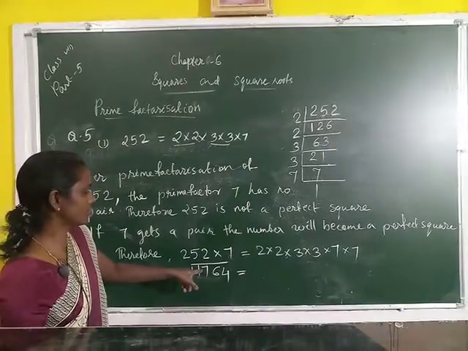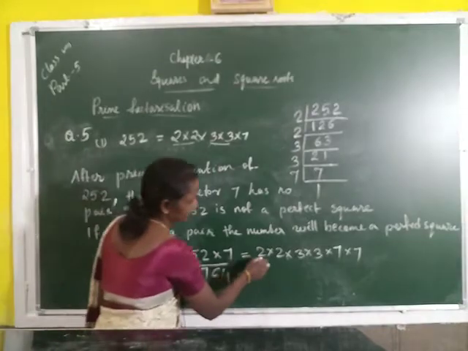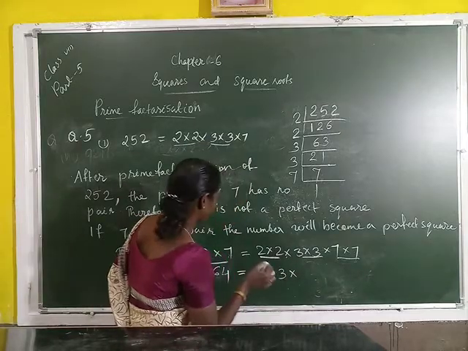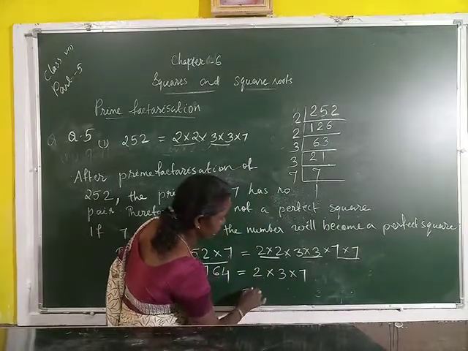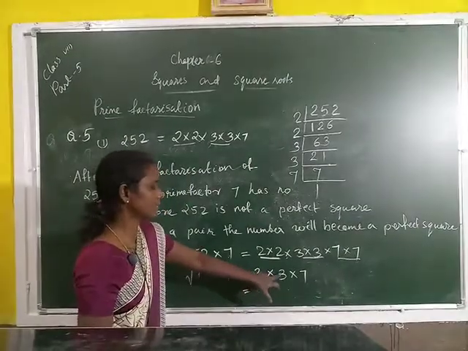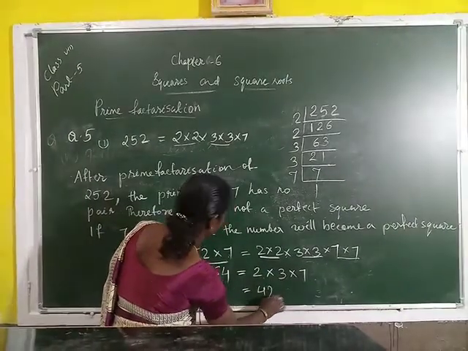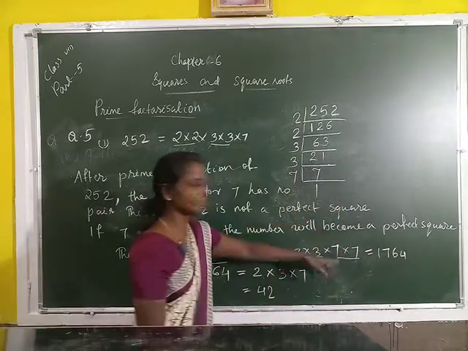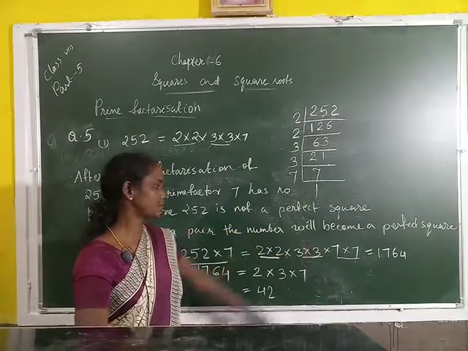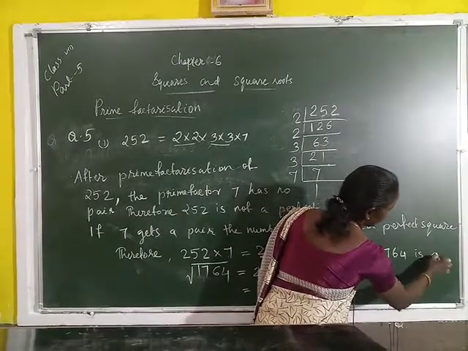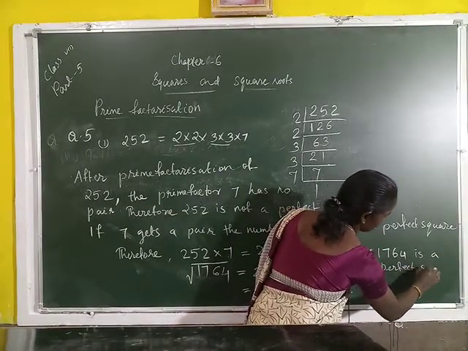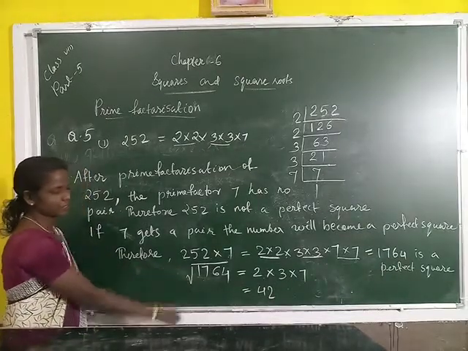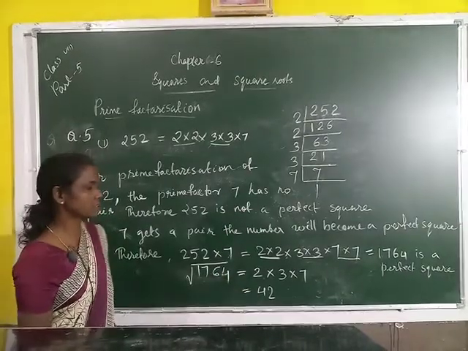Root of 1764 is equal to, taking one from each pair, 2 into 3 into 7. 2 3s are 6, 6 7s are 42. So 1764 is a perfect square. Root of 1764 is 42.